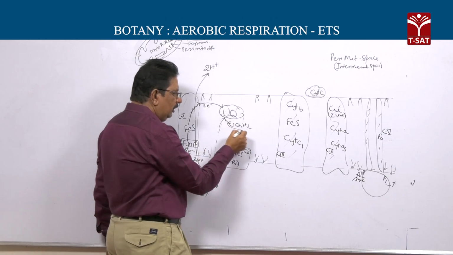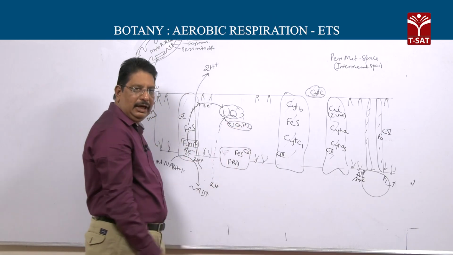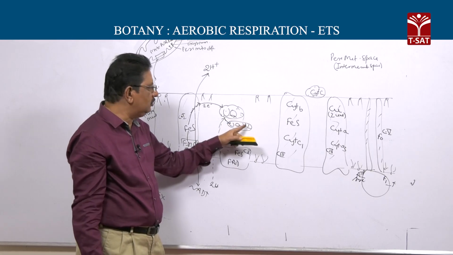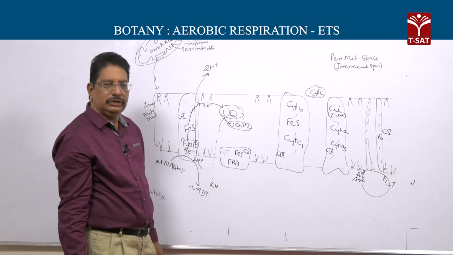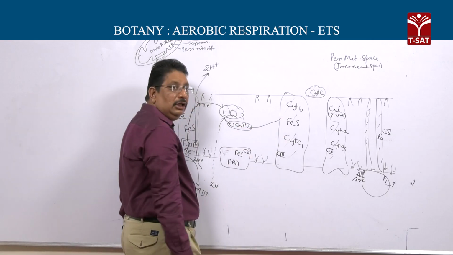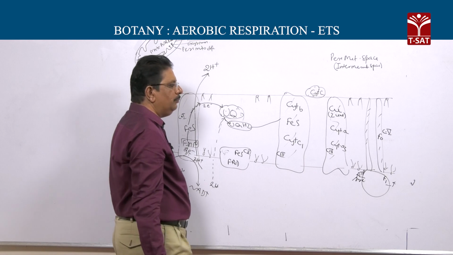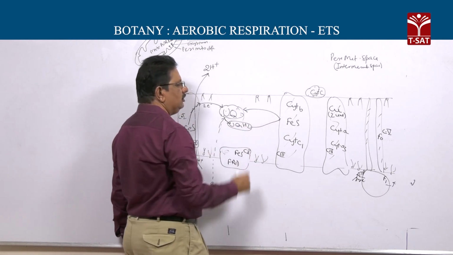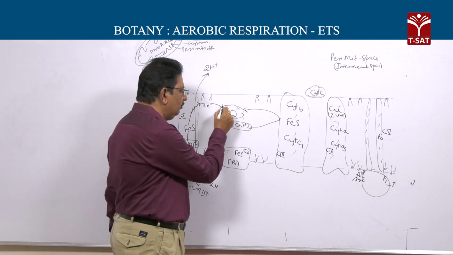UQH2 is a mobile electron carrier, also a hydrogen carrier, and it transfers the electrons and protons to complex 3, where it is oxidized into ubiquinone.